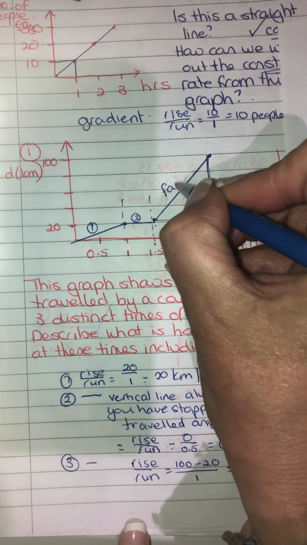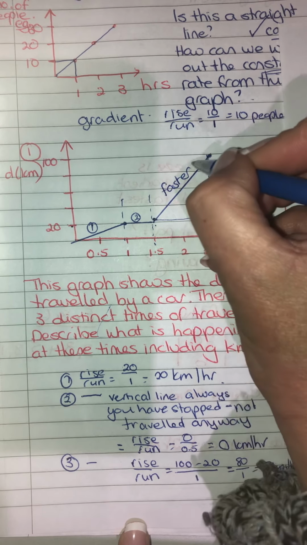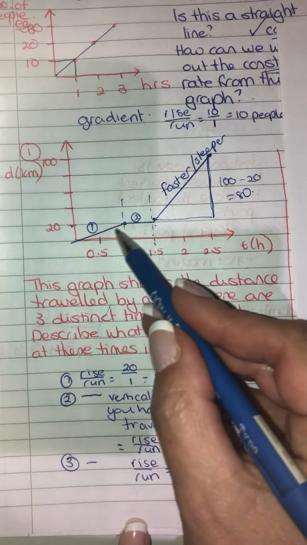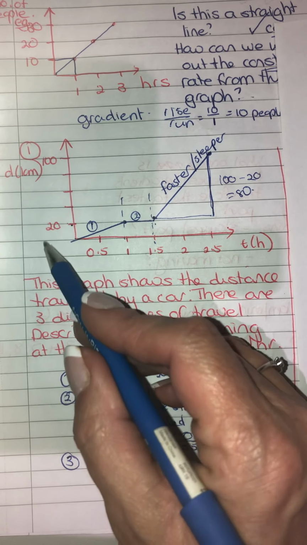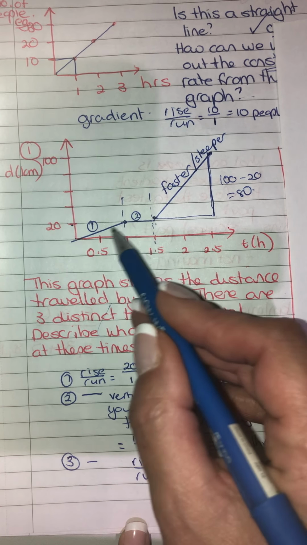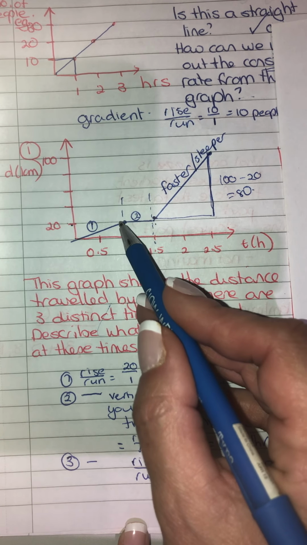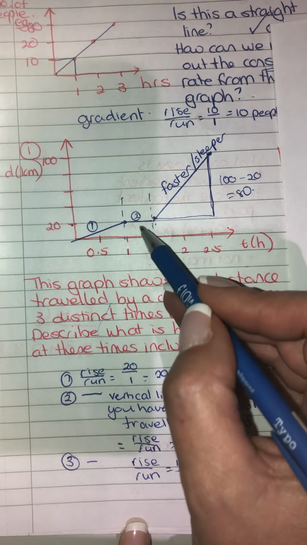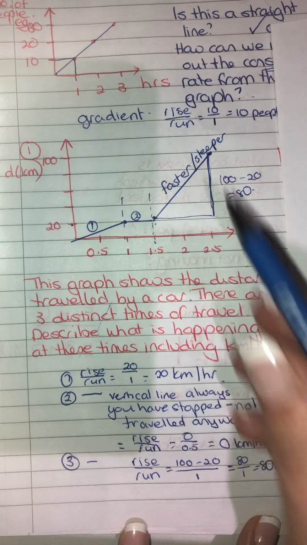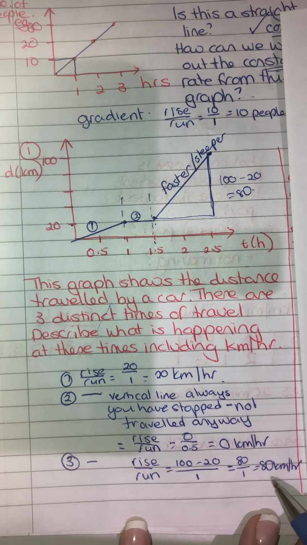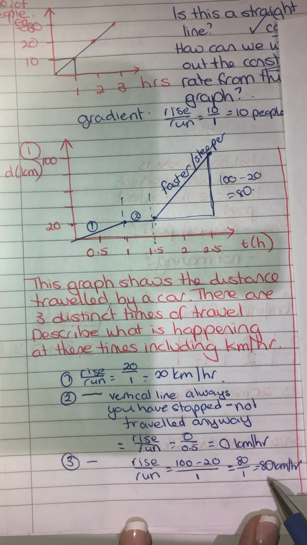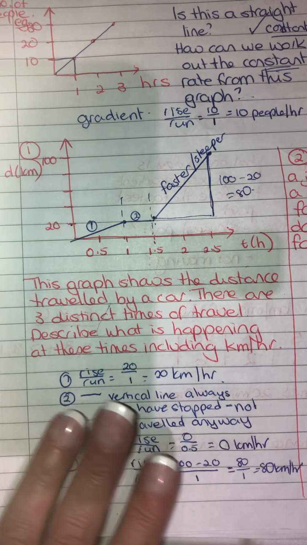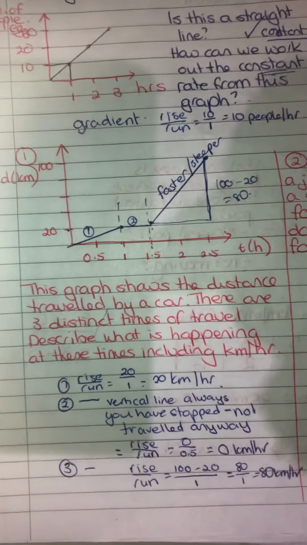So we're going to write along here, faster, because it is steeper. So this one is not as steep. Think about the hill. You come up to the hill, you climb the hill, you're going about this distance, that's 20 kilometres an hour. Then in this part, you climb a much steeper hill. So it means that you're going faster, which is what we've proven because we've done 80 kilometres per hour this time.